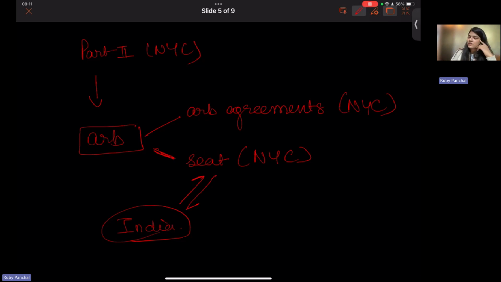For instance, the seat is in US. And while signing New York Convention, India basically said that this is a reciprocal promise. So every country which is going to enforce foreign awards arising out of India, I am going to enforce foreign awards arising out of their territories. So this is a reciprocal arrangement that India has entered into while signing the New York Convention.